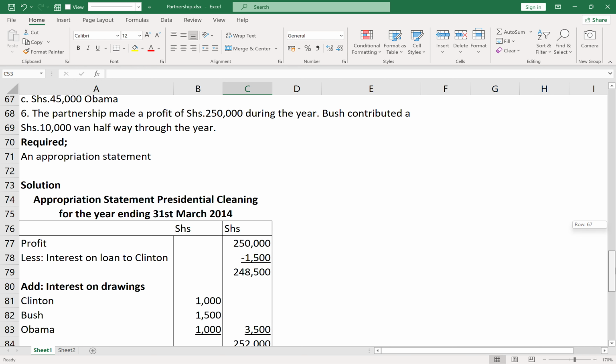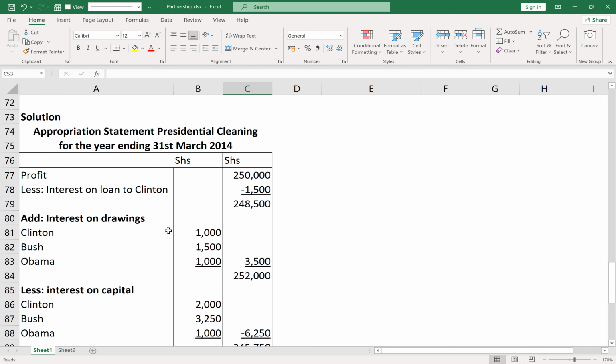So the 5% on the 20,000, made evenly throughout the year, gives us 1,000 for Clinton, 5% on 30,000 for Bush gives us 1,500, and 20,000 for Obama gives us 1,000.